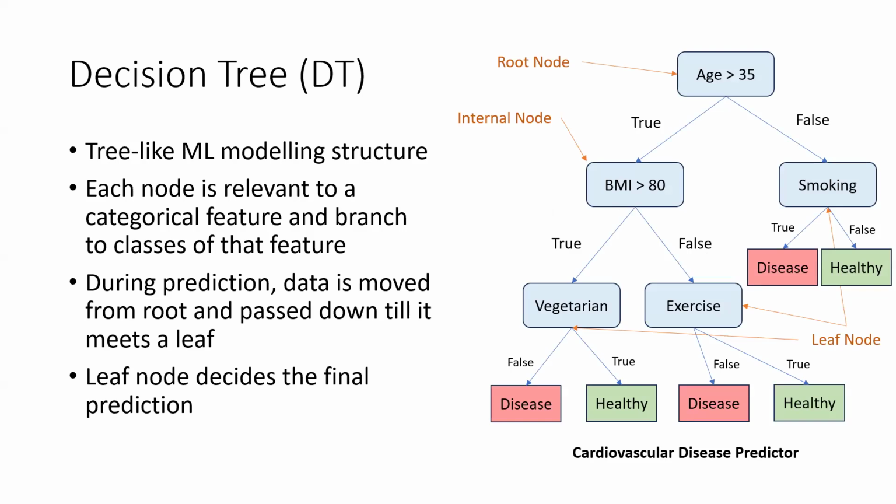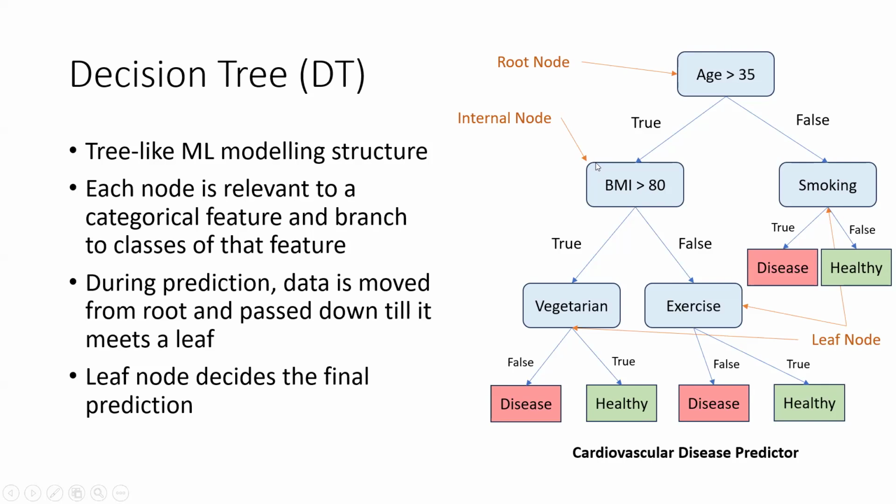For example, in this case, I have taken the cardiovascular disease predictor. This is a classifier, of course. That means based on certain variables, age, BMI, and some others, and mainly these two, right?